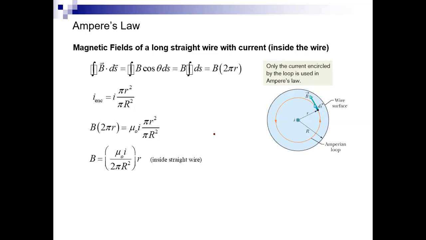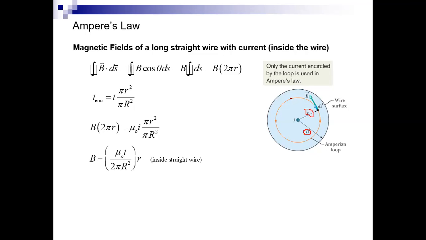Now another example is given. What will be the magnetic field inside the wire? The same wire as in the previous example, now shown here in enlarged form, and we can consider any point, taking an Amperian loop of any radius. The radius of the wire is shown by capital R, and small r is the radius of the Amperian loop.